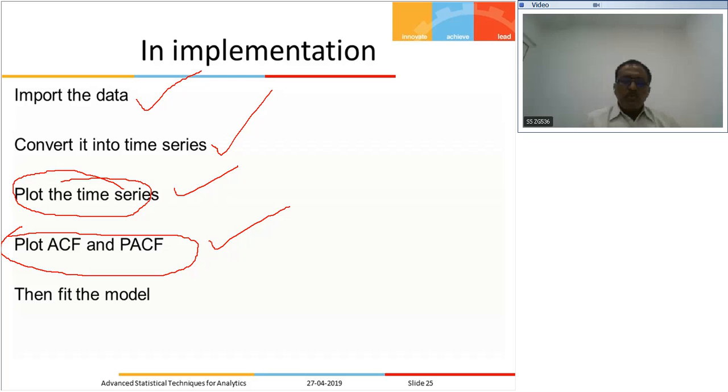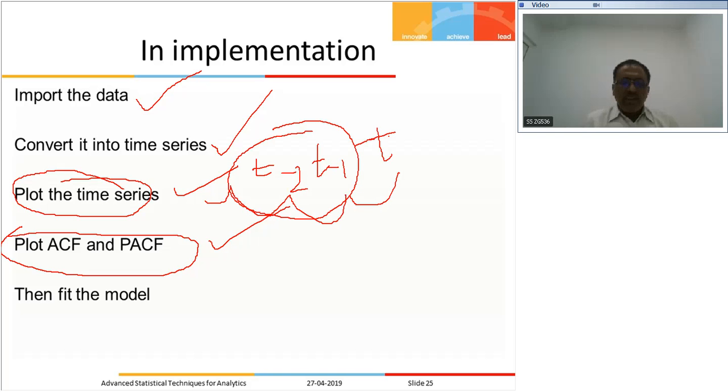So what is the difference between the autocorrelation function and the partial autocorrelation function? The autocorrelation function we have already seen, that is between t and t minus 1, t minus 2, like this. Suppose without looking into t minus 1 and t minus 2, I want to find whether there is any relation between t and t minus 3.